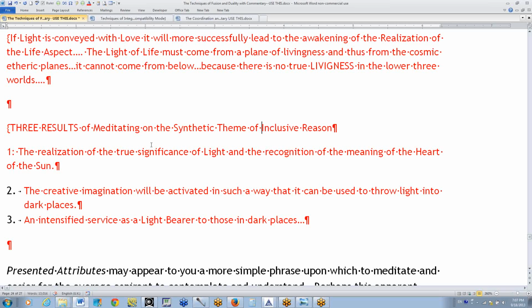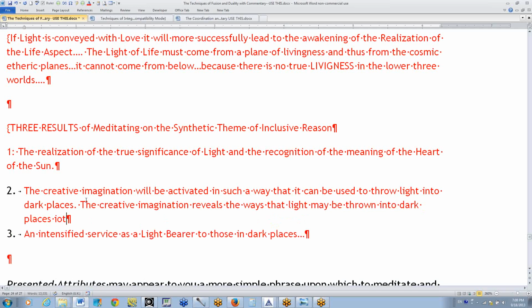And we've seen how the fusing power descends through the energy system of the second ray type, and these are the results. So light, heart of the sun, creative imagination, conceiving of the ways to aid the plan. The creative imagination reveals the ways that light may be thrown into dark places in order to serve the divine plan.